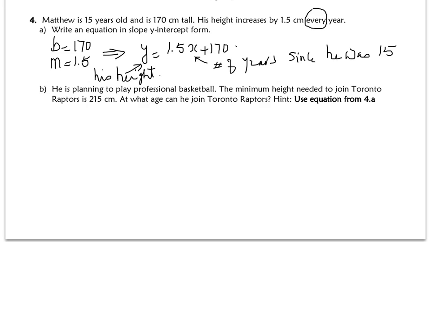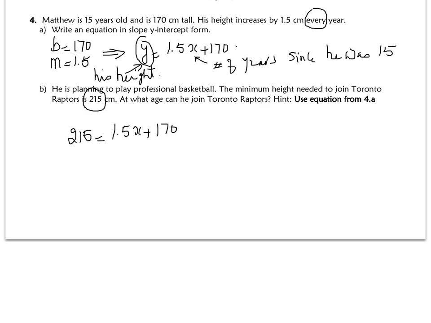The second part, it says that he's planning to play professional basketball. The minimum height to join the Toronto Raptors is 215. At what age can he join the Toronto Raptors? We know that his height sometime in the future is 215. So this means y is 215. So I'm going to write 215 is equal to 1.5x plus 170.